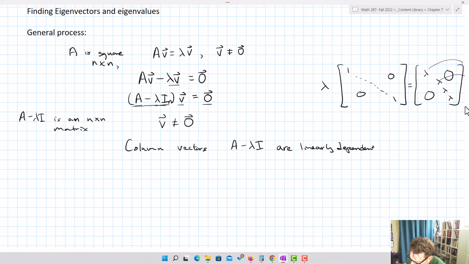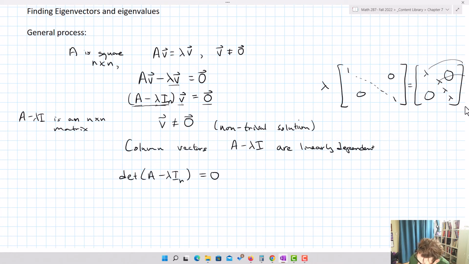If you think about it, that means the solution to Ax equals 0 has a non-trivial solution. So the result is that the determinant of A minus lambda I is equal to 0.